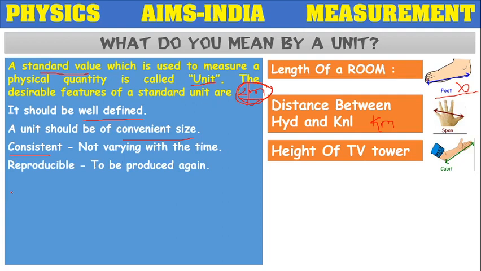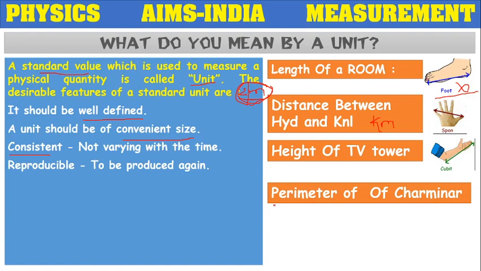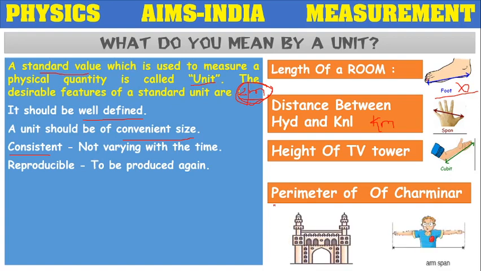Reproducible. It should be produced again. Suppose we want to measure the perimeter of the Charminar with the arm span. One officer came there, he wanted to measure the perimeter of the Charminar, and he took the help of one of his employees.